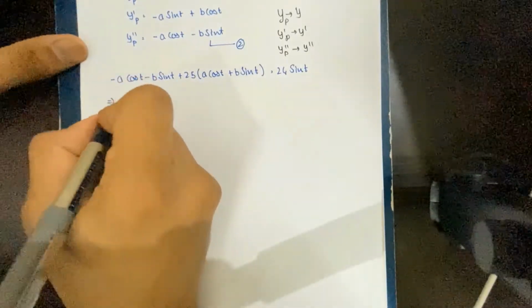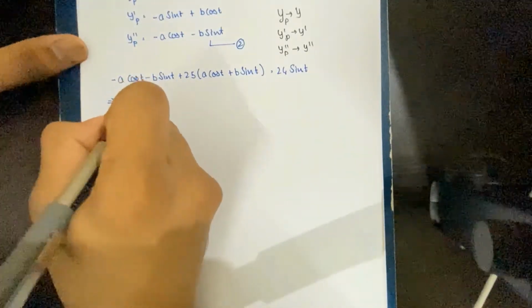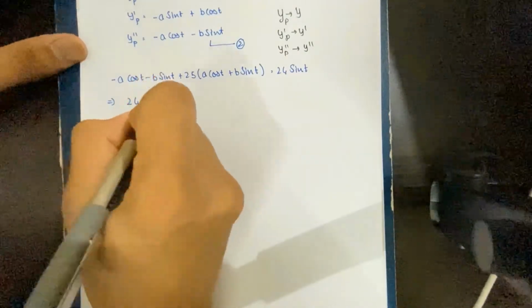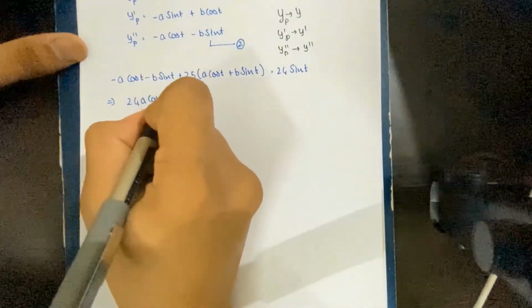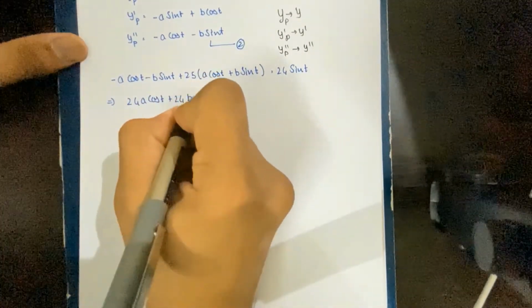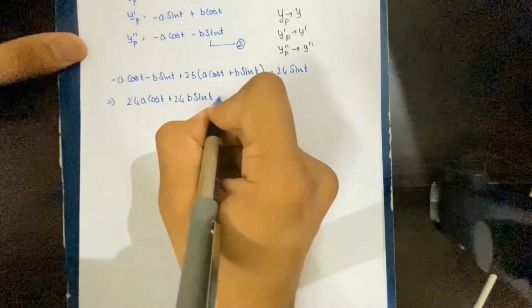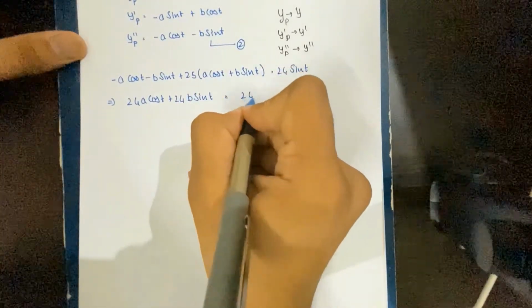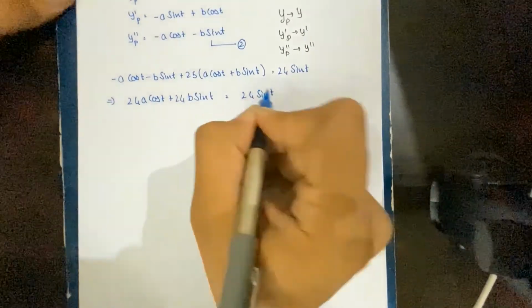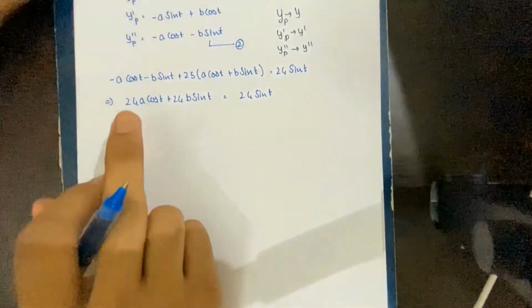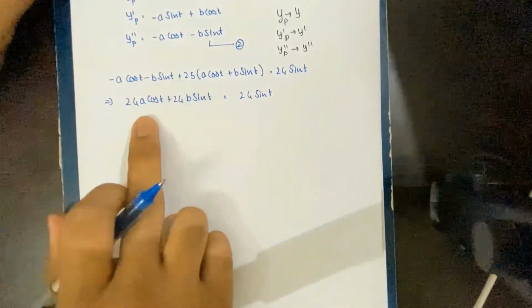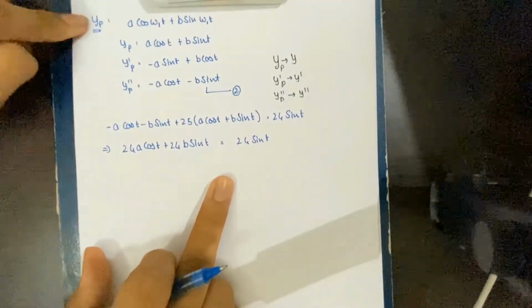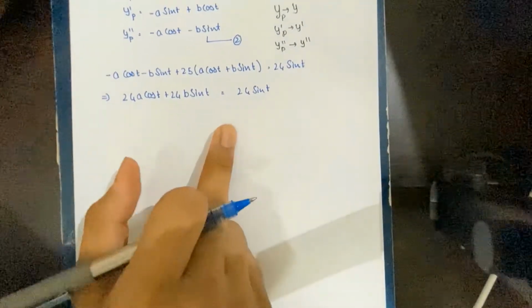Now I'm going to simplify this. 25a cos t minus a cos t, so 24a cos t plus 24b sin t equals 24 sin t. Now the a and b in this have no connection to the c1 and c2 in yh; they are completely different.